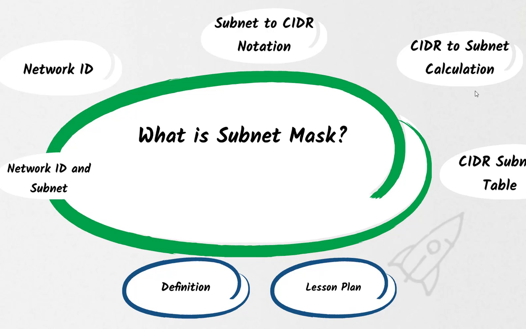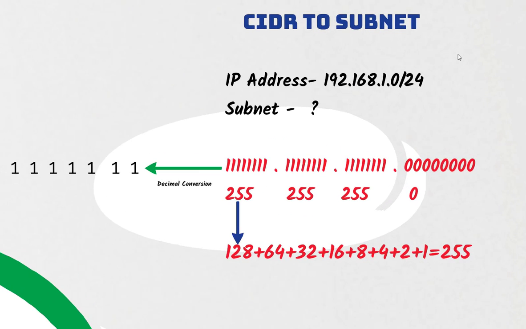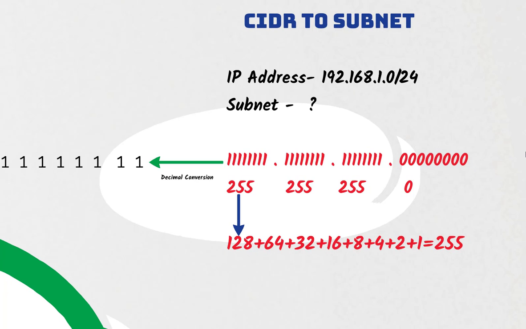Okay guys, the next thing is CIDR to subnet calculation. Here I have taken one IP address, 192.168.1.0, and one prefix, /24. Our intention is to calculate the subnet mask for this IP address range and this CIDR notation.